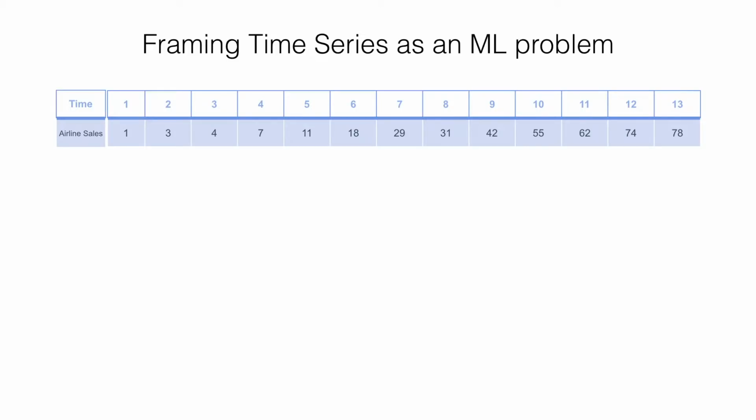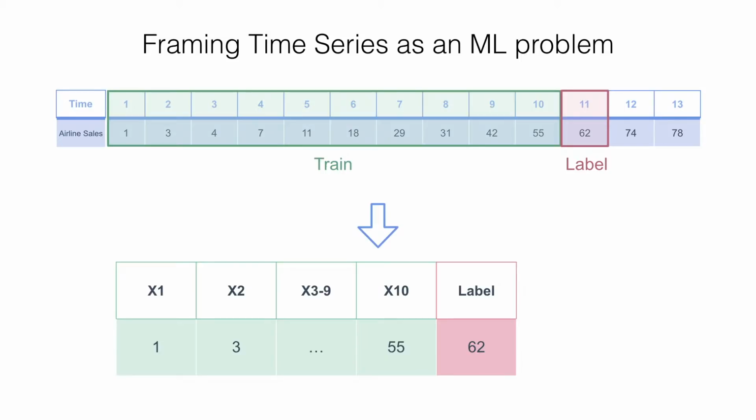There's one super common, super simple way to do it, and that's called the sliding window approach. The way this works is we take a window of some fixed size, maybe 10 elements, and we take the first 10 elements and put that in the first row of our training data. From the first 10 elements, we want to output the 11th element, which we call our label for that data.